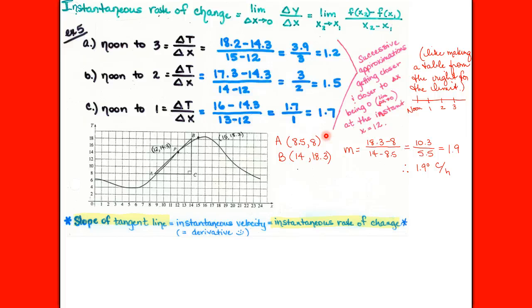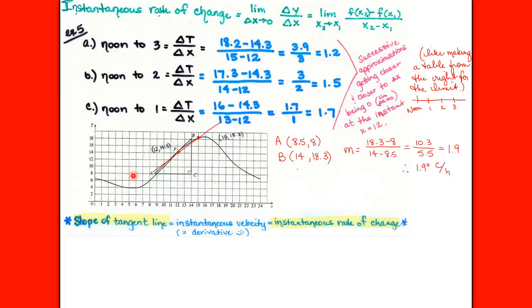The other thing that those were doing for me, remember when we started our definition of slope of the tangent line? The other way that we could think of this is when they gave me those 2 points, like noon and 3 o'clock, and I went through and calculated the slope. That's the same thing we were doing when we were drawing the secant line, and we were saying, okay, let's find the slope of the secant line as an approximation of the slope of the tangent line.